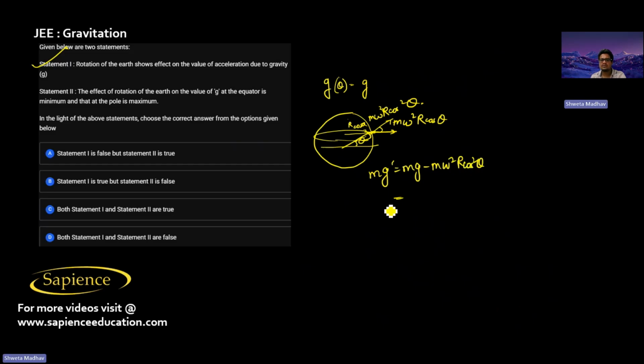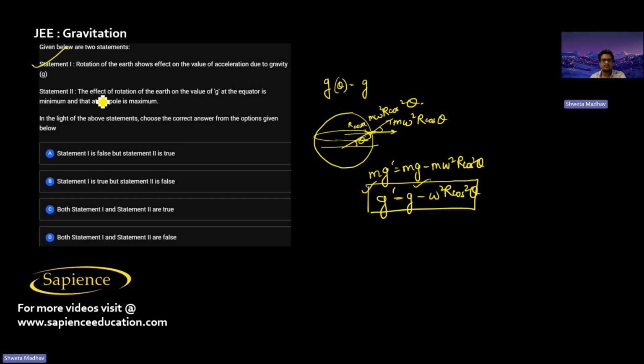So g dash will be equal to g minus omega square r cos square theta. So if the latitude is theta at that place, then the rotation of the Earth will have an effect on the value of acceleration due to gravity. Means the acceleration due to gravity will decrease with the effect of the rotation.